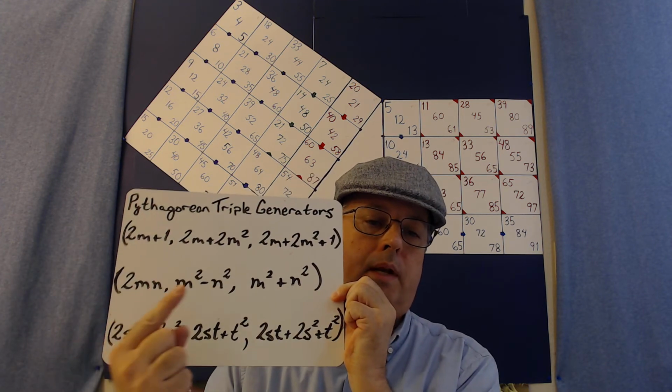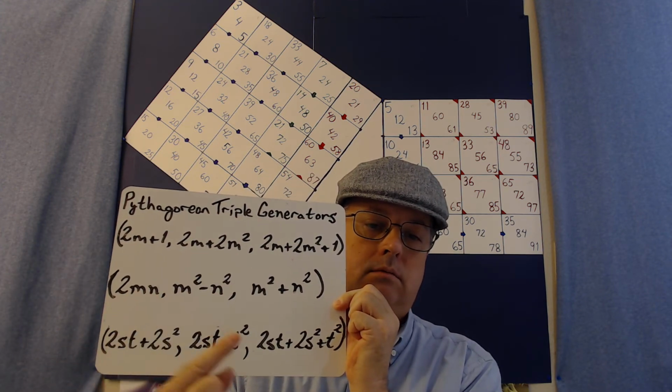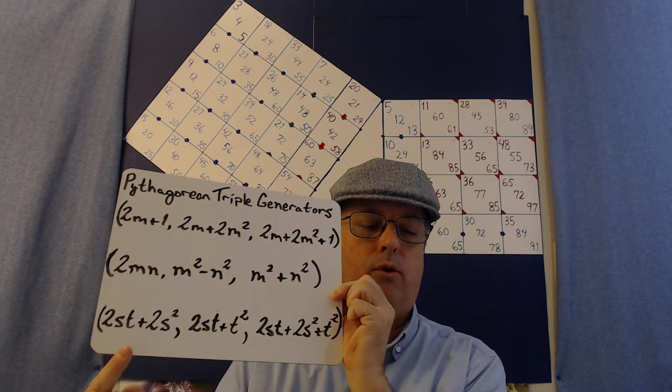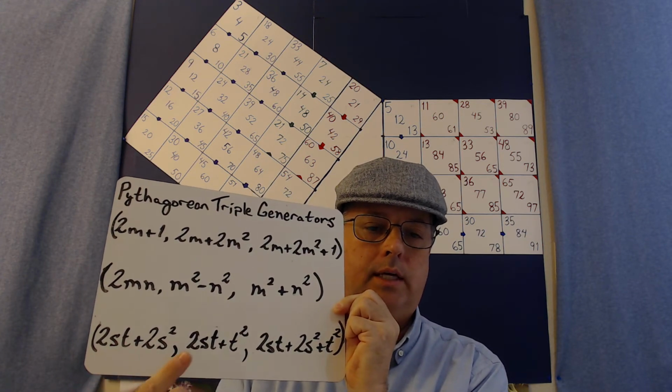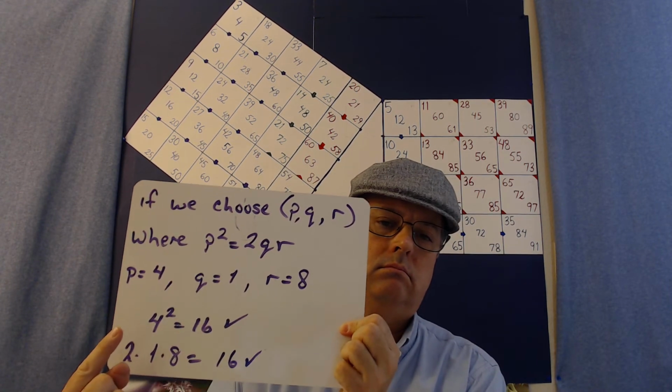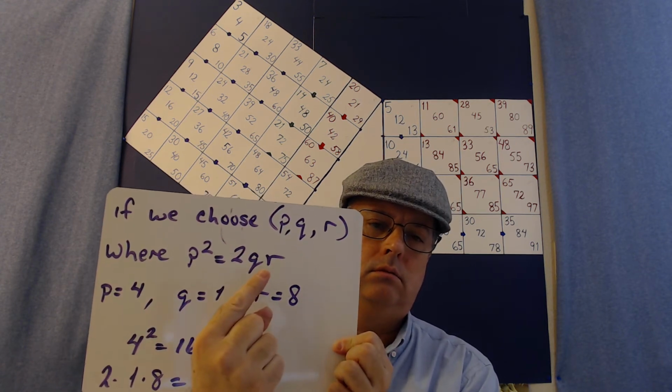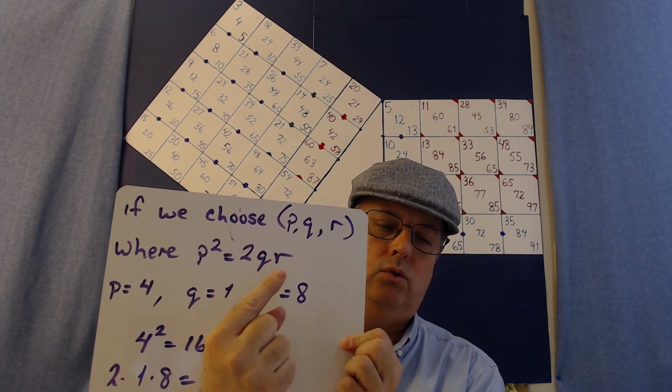And so maybe there's a way to not have to pick 3 values, and in fact, just pick 2 values. Like this formula has 2 values, m and n. And this formula has just 2 values, s and t. And maybe we can remedy this condition, p squared equals 2qr.